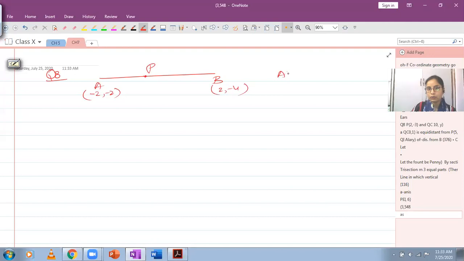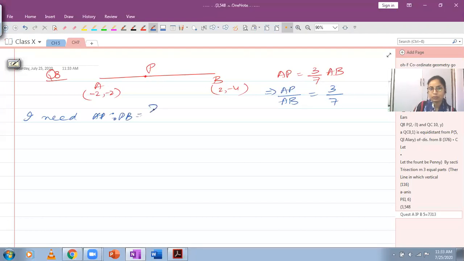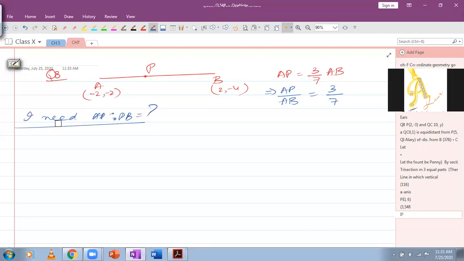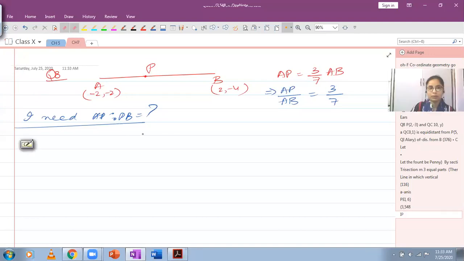What's given to us is AP is equal to 3/7 of AB. From here, I can write down that AP over AB is equal to 3/7. But what I need is AP to PB. You don't have to write this. This is only for you to remember. I want to find out AP to PB, the ratio of these two, to use the section formula.